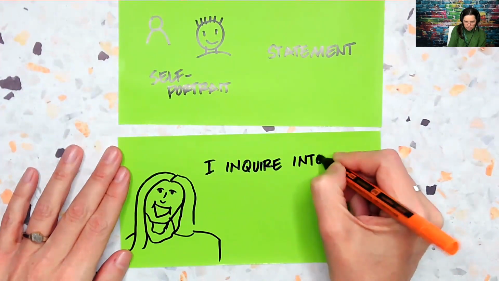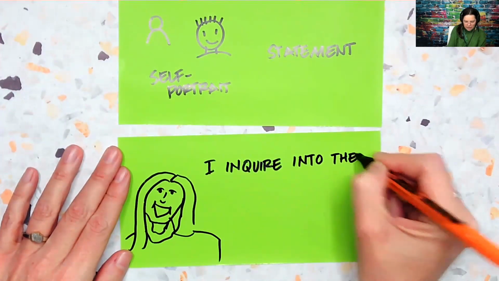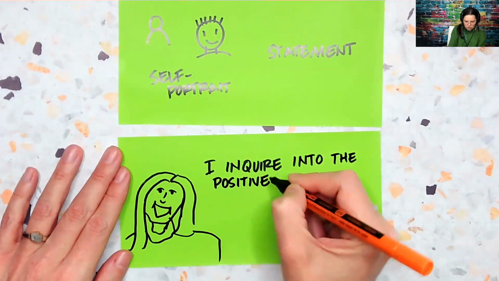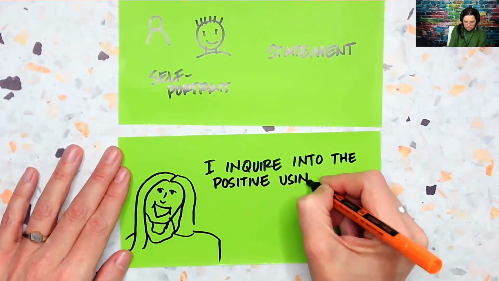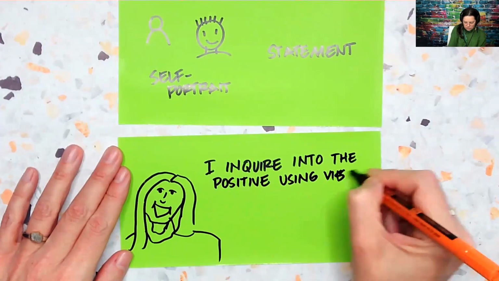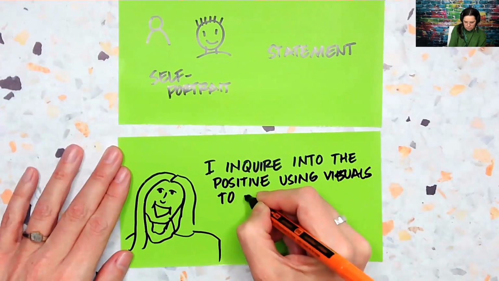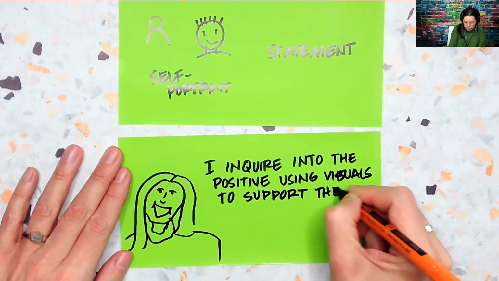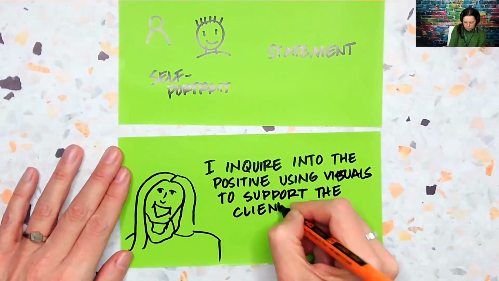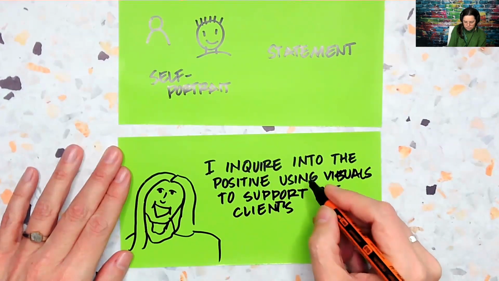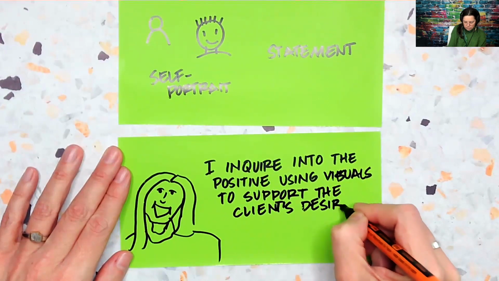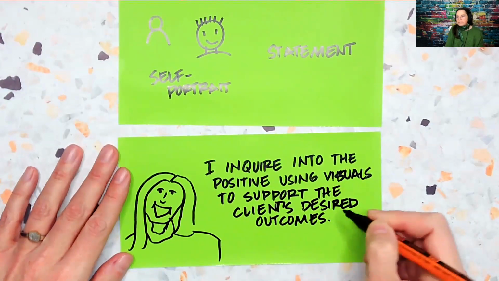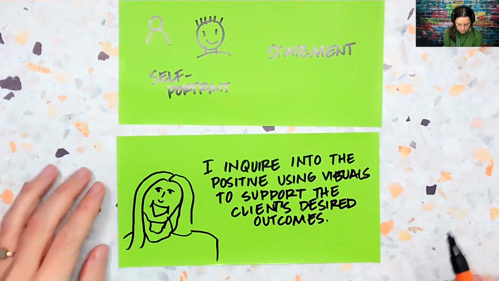It's just a quick draw with the quick self-portrait and then your statement of how you are using AI and visuals in your work, either currently or in the future. Okay, we've got about a minute left.